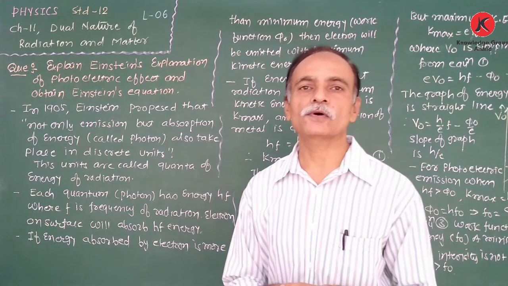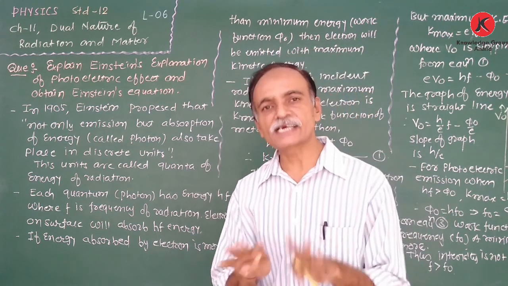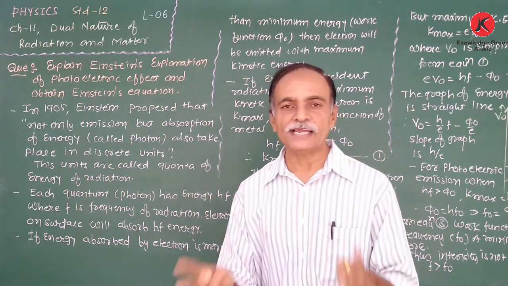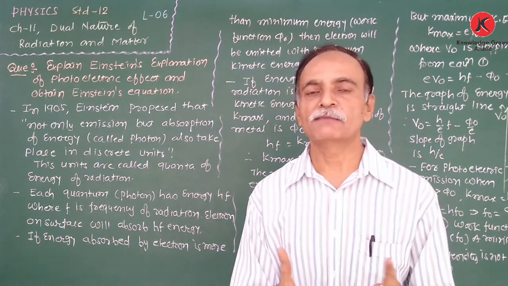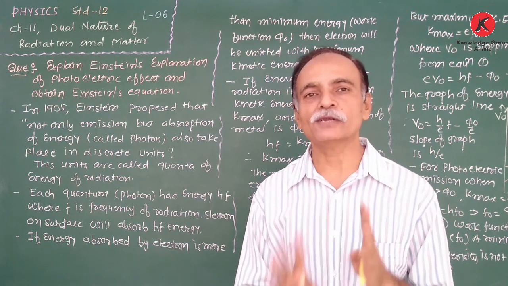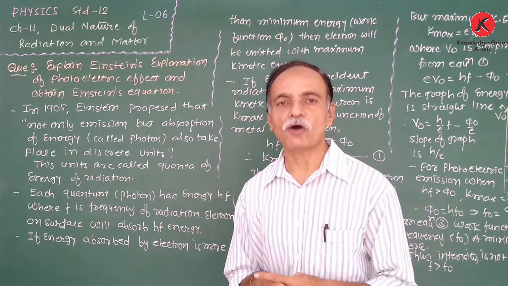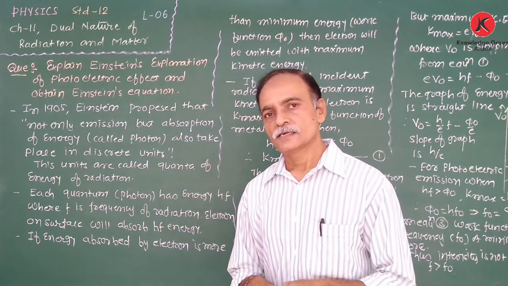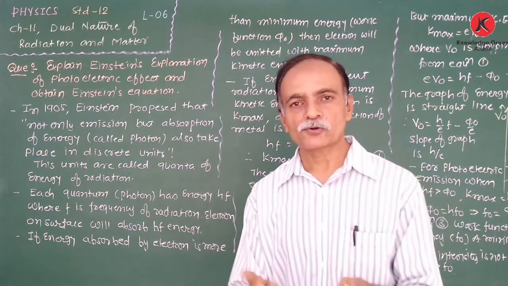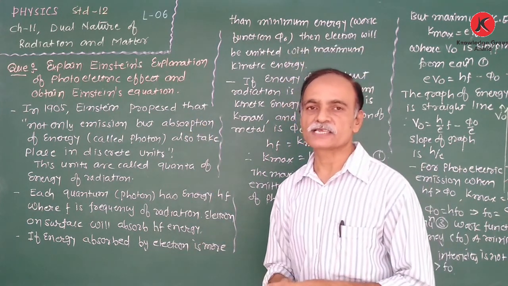As the frequency increases, the kinetic energy of the photoelectrons increases. But the number of photoelectrons does not increase with an increase in frequency of the incident radiation. So this type of photoelectric emission can be explained by Einstein's explanation.